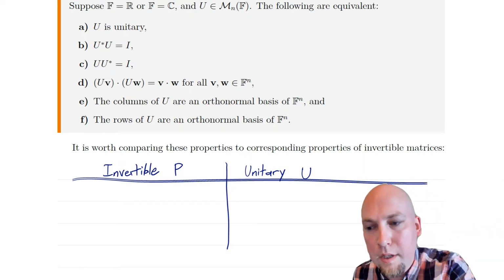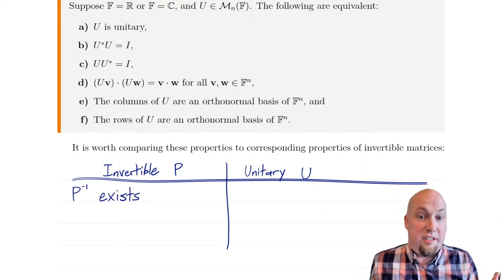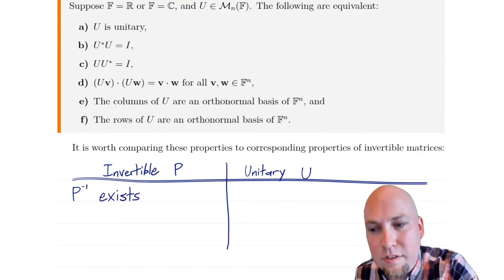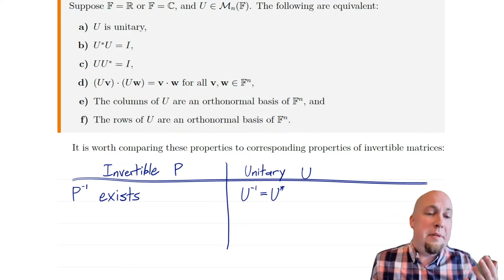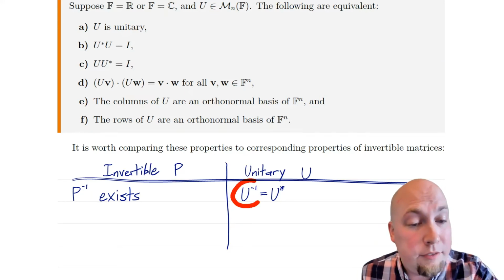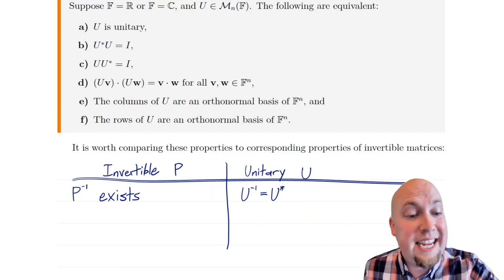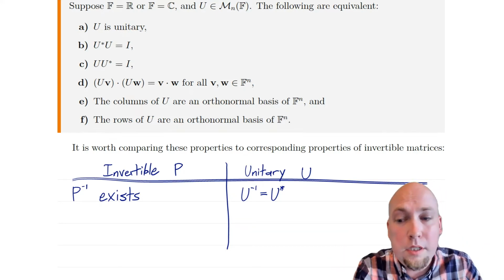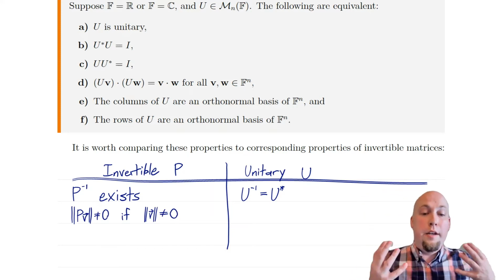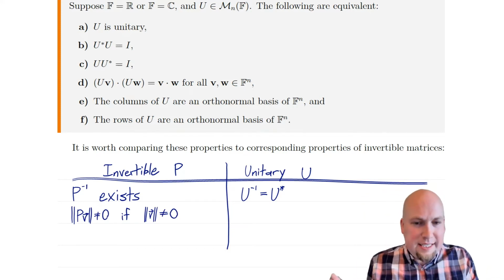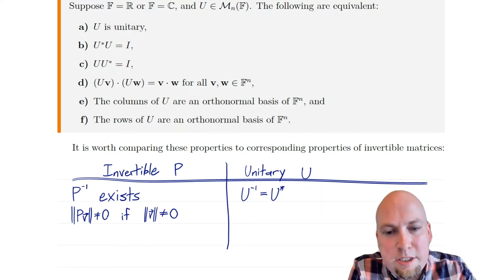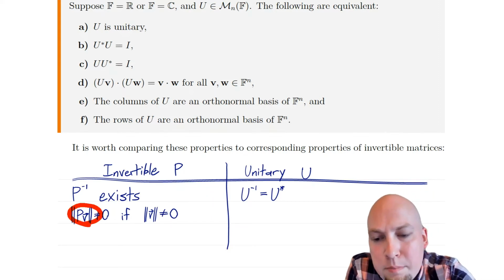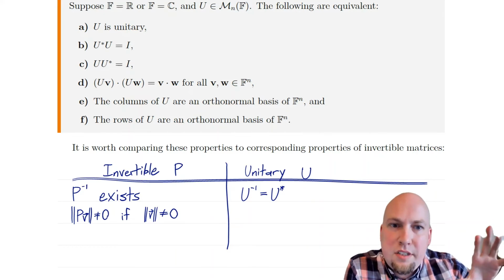One property, the sort of defining property of invertible matrices, was that they had an inverse. So P inverse existed. Well, for unitary matrices, you can say something more. Not only does U inverse exist, but U inverse is just the adjoint of that matrix or that linear transformation, right? It's its conjugate transpose. And one of the really nice properties, again, you could take this as the definition if you like, it's equivalent to a matrix being invertible, is that invertible matrices send non-zero vectors to non-zero vectors, right?